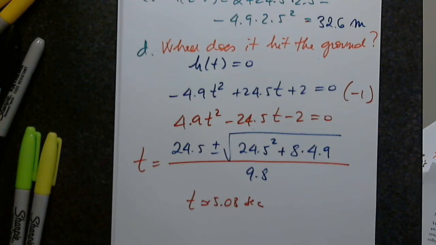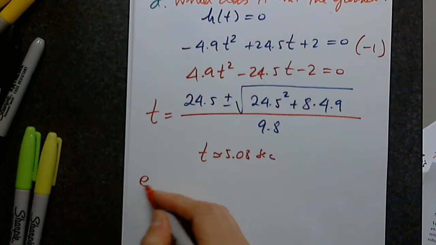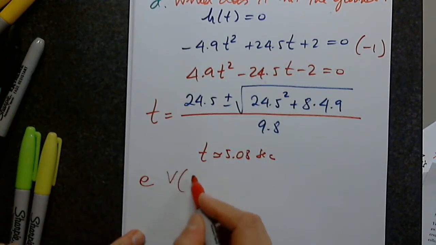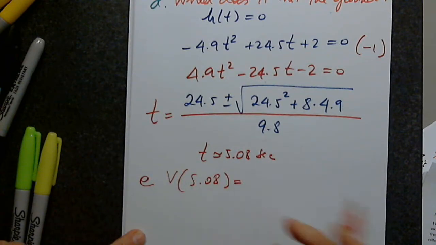Part E. With what velocity does it hit the ground? So v of 5.08. So what was v again? It was 24.5, right? And minus 9.8, correct?